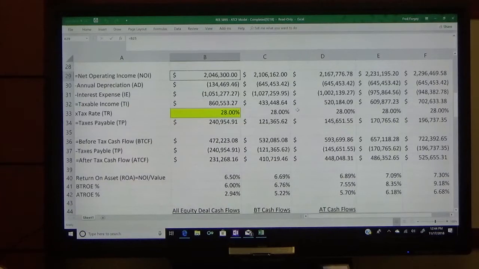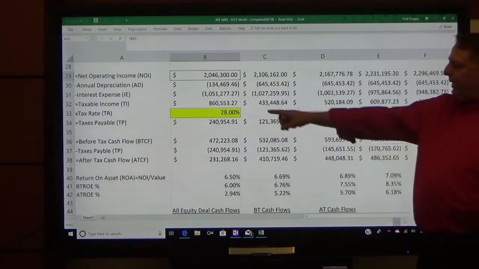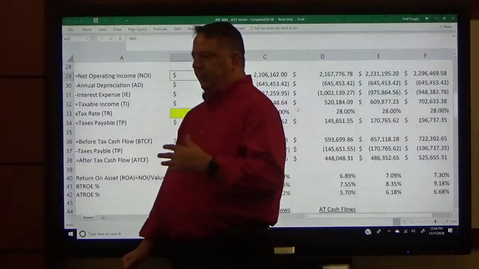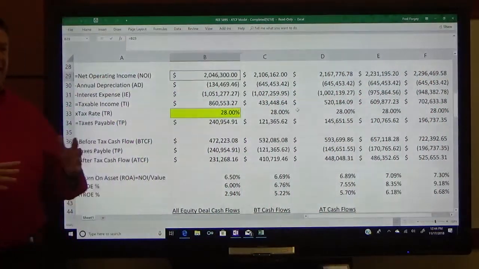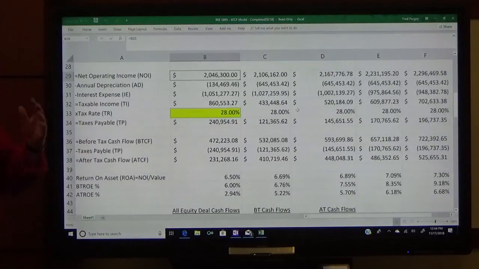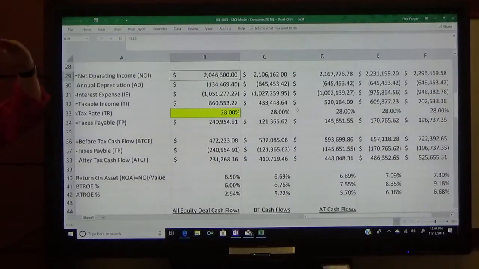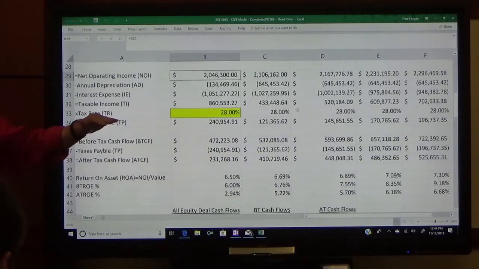All right, so the first thing that we have to take a look at from a tax perspective is depreciation. Okay, in the tax world, there is an assumption that a property is going to reduce in value from one year to the next an equal amount, okay?